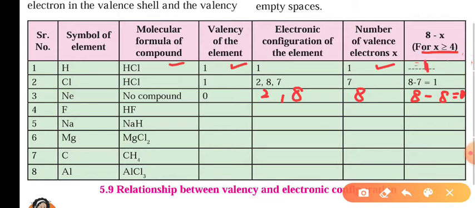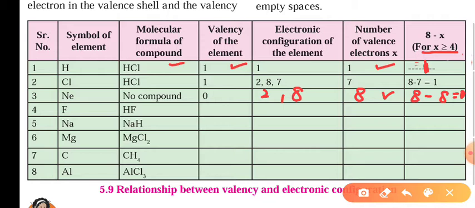So directly we can write it as 1. If I am getting like here, 8 minus 8, then 0. Here 8 is more than 4. That's why this formula. Got it? So what we did first for the hydrogen will not be applicable. Applicable will be directly the valency.